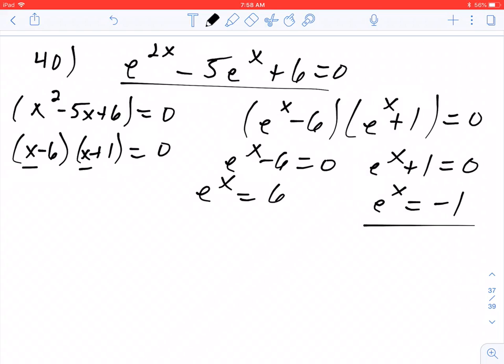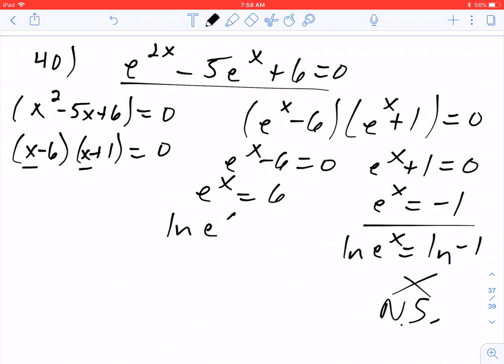Now over here, I'm not sure if you recognize that, we're going to take natural log of e to the x equals natural log of -1. But when we do this, natural log of -1, if you try to do that, you're going to get an error. So this one is no solution because you can't take logs or natural logs of negatives. This one, you're going to take natural log of both sides.